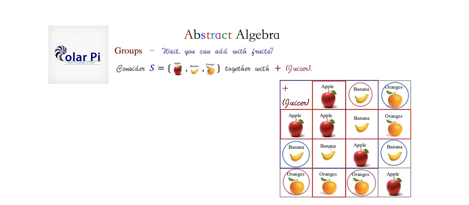So banana plus orange is banana, which is not the same as orange plus banana, which is orange. We didn't have to fulfill the commutative property because that's not a requirement of groups; I'm just pointing out that this group is not commutative.